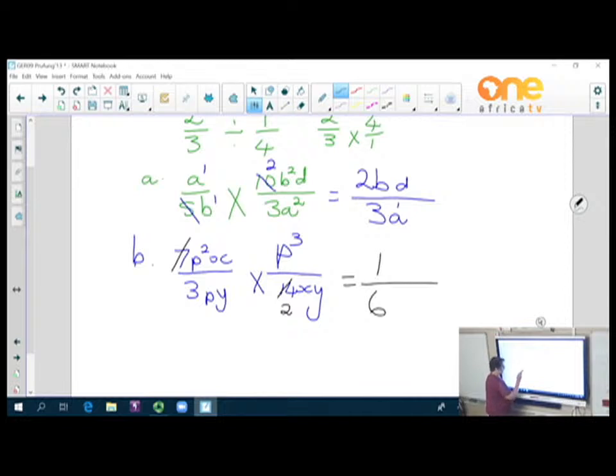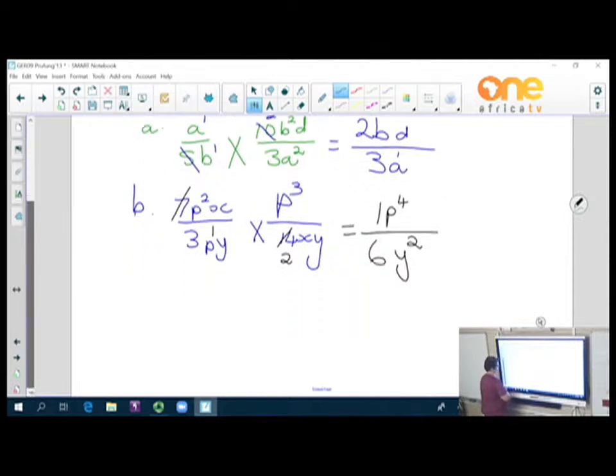Now I've got here P2, P3, which is P to the power of 5, minus the 1 here is P to the power of 4. The x and the x will cancel out. That's 0. And the y's we have to add here, so it will be y squared. Y squared. The next one, number C.